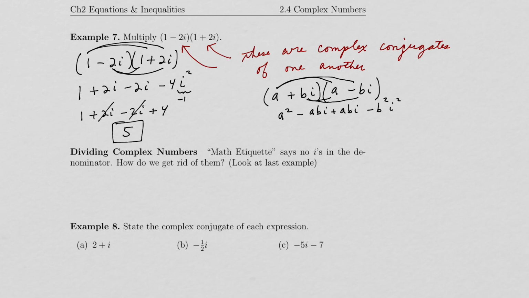But remember, i squared is negative 1. So the imaginary terms cancel, and I'm going to get a squared, and then minus b squared times negative 1 is plus b squared. See how I always get a real number here? This is going to be a real positive number.